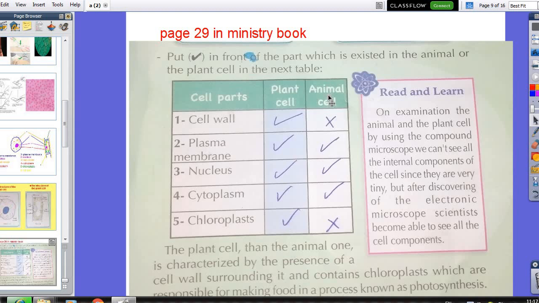In the animal cell we have only plasma membrane, nucleus, and cytoplasm. Chloroplasts or plastids and cell wall are the structures which don't occur in the animal cell.